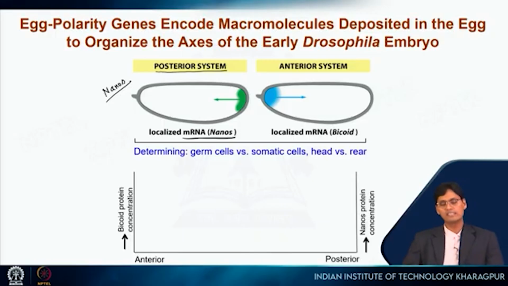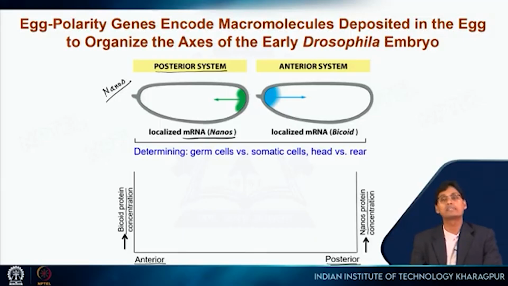So if I try to understand it in a little more detail, here I am mentioning the x-axis. On the left side is the anterior side, and on the right side is the posterior side. On the left y-axis we show bicoid protein concentration, and on the right-hand y-axis, nanos protein concentration.